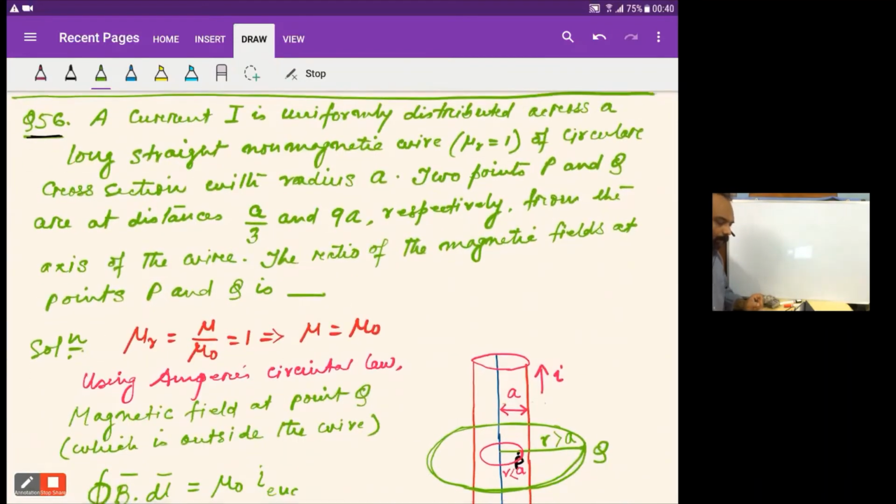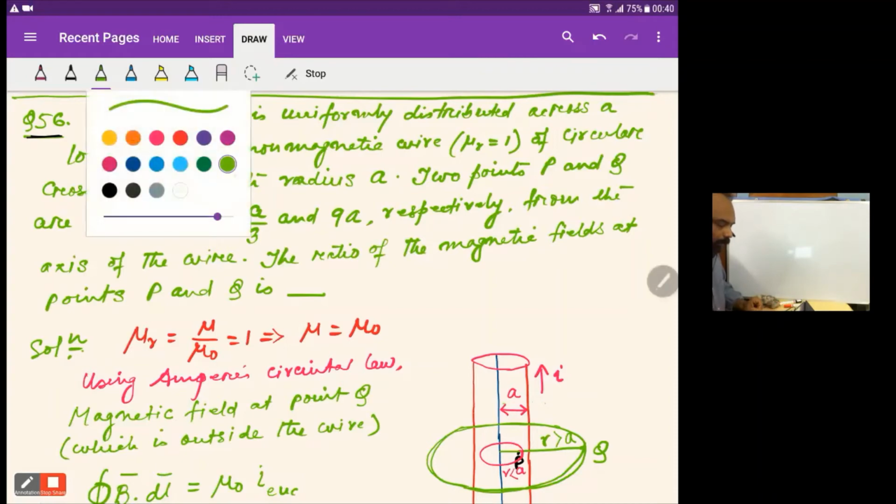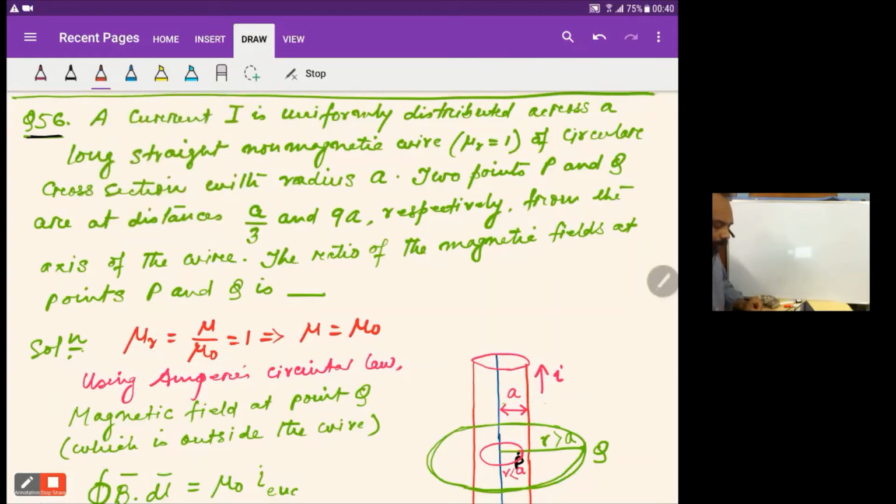Next problem, question number 56. A current I is uniformly distributed across a long straight non-magnetic wire where mu r is equal to 1, of circular cross section with radius a.